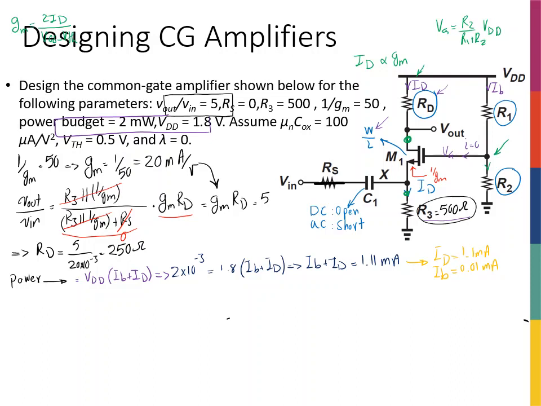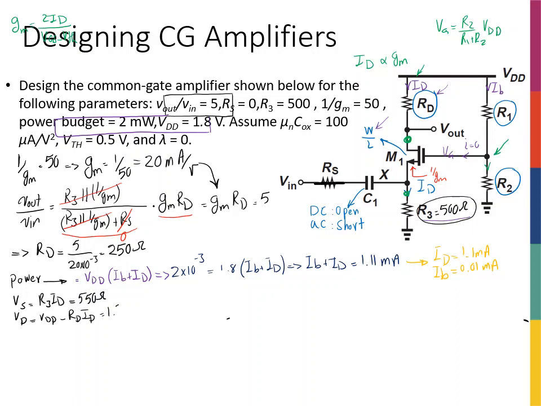So V source is R3 times ID, and it's going to be 500 times 1.1, so 550 millivolts. V drain is going to be VDD minus RD times ID.